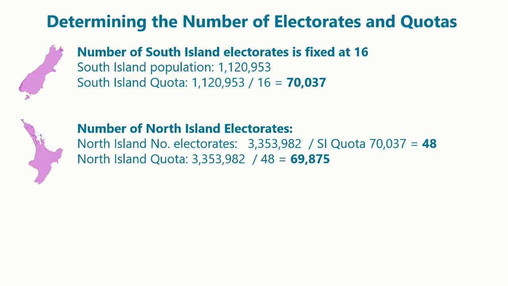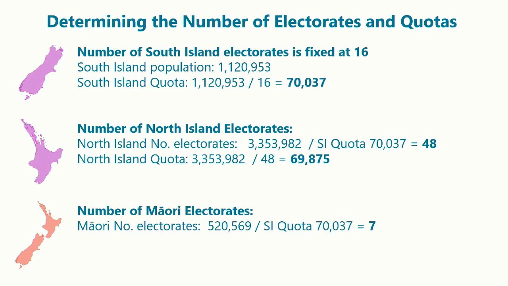And then to get the North Island quota more accurately, because it's not going to be quite the same as the South Island's, you just divide the population by that 48. And a similar story with Maori electorates. So those are the numbers that basically are plugged into QGIS when we do our redistricting, and it tells us if we're within quota or not.